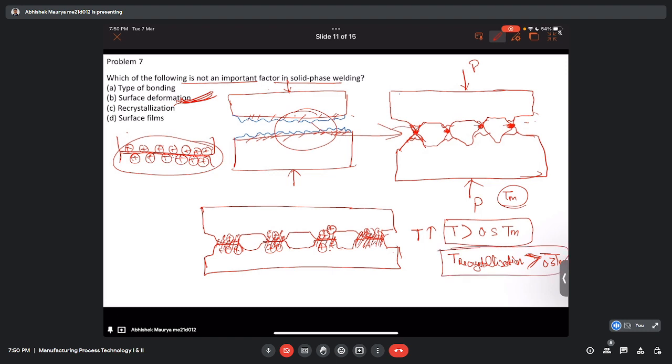So what happens if we increase the temperature above 0.3 of the melting temperature, or, say, to 0.5 of the melting temperature? The grains in this region will start recrystallizing. Earlier the grains were like that. I shall make a fresh diagram for better understanding. Suppose I am zooming into this portion here.